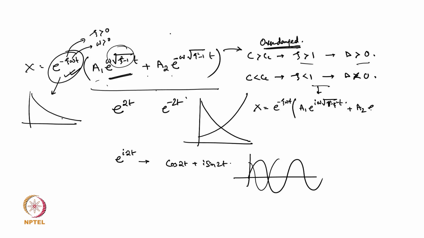Plus a2 into e to the power of minus i omega root of 1 minus xi square into t.